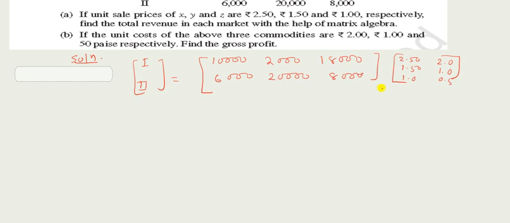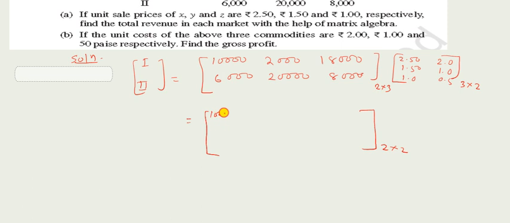Now look at this. This contains 2 rows but 3 columns. This contains 3 rows but 2 columns. So what the result I will have is 2 cross 2. That means there will be 2 rows as well as 2 columns. So for that what I will do, first this one will be 10,000, 2.5.